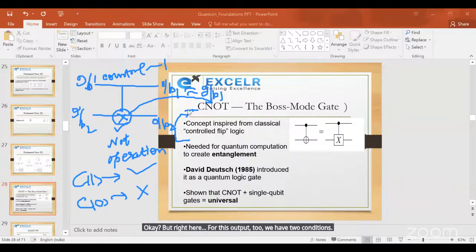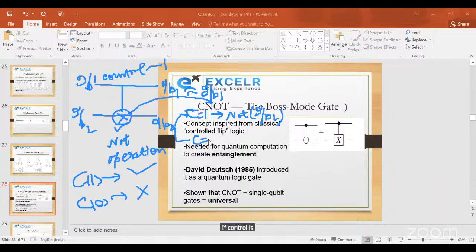If the control is 1, then there will be a NOT of input 2. If the control is 0, then output 2 is equal to input 2. So this condition will be followed.